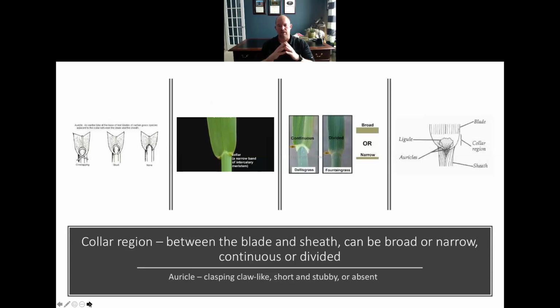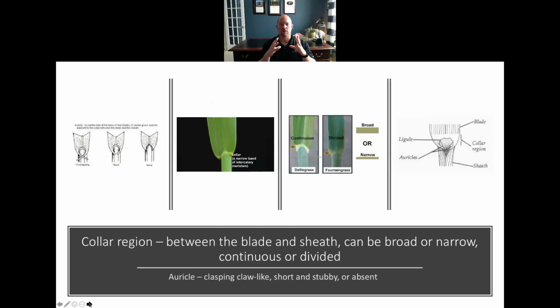There are a few other structures that originate on this collar region. One of those is called the auricle. This is probably an even more important identifying characteristic of grasses than the collar region. The collar region is more subtle, but plants will either have an auricle or they won't.